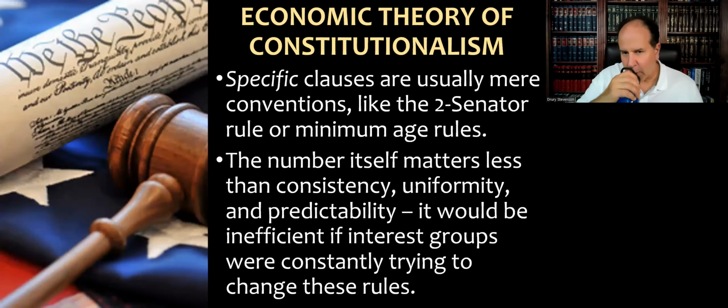Okay, so the Constitution, you could think of it as having specific clauses and general clauses. And the specific clauses are more likely to be mere conventions, like the rule that we have 2 senators, or minimum age rules for voting or for the president. We could have had 3 senators from each state.